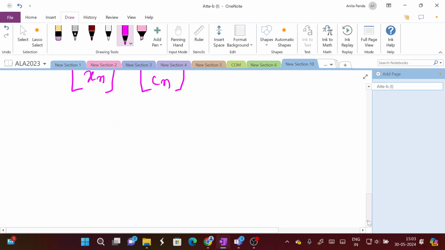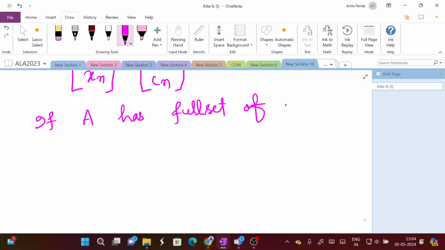Now, when will it have a unique solution, and when will it have no solution? If the coefficient matrix A has a full set of pivots, then A is non-singular.